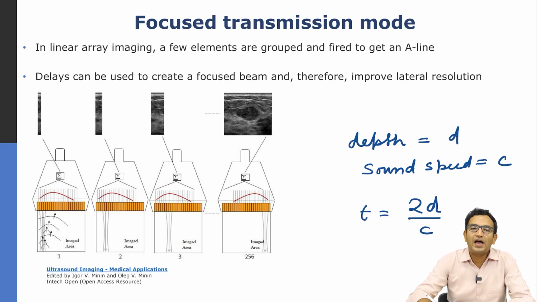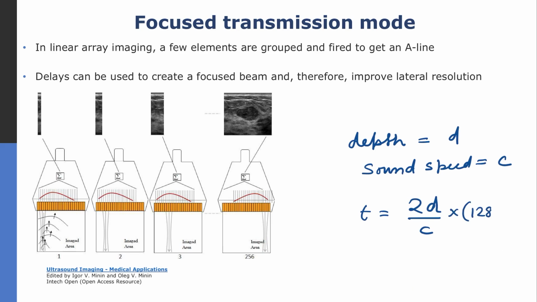So, for firing once and receiving, the time taken is 2d by c. If I am firing multiple times, like in the previous example, 128 minus 32 plus 1 times, this is the total time taken to create a single image.